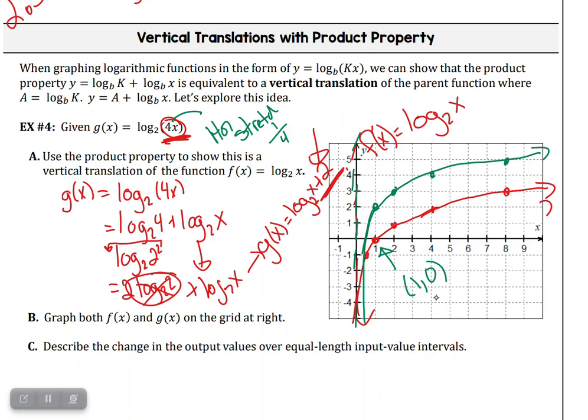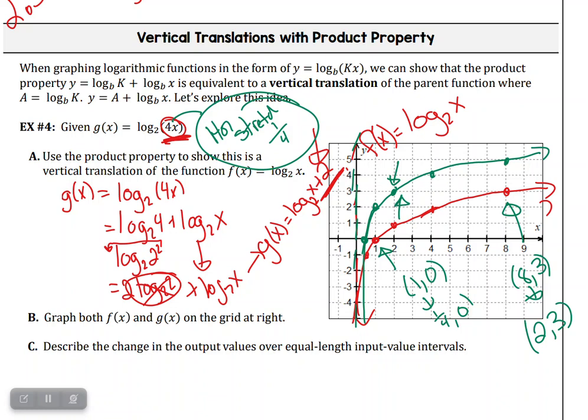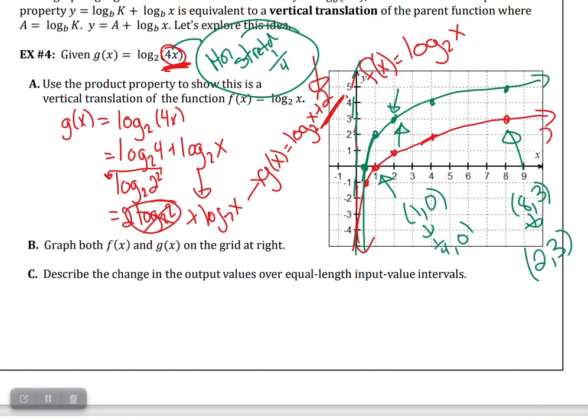Actually, I want to use a different example, because this would become 1/4, 0, which we don't quite see, but it is there. Let's use this one. This is 8, 3. If I multiply this by 1/4, that's 2, 3. Do we see that point? Yep, there it is. So again, the horizontal stretch can also be a vertical translation.